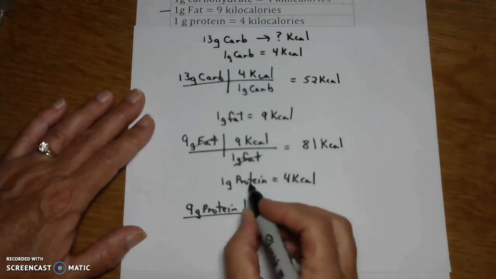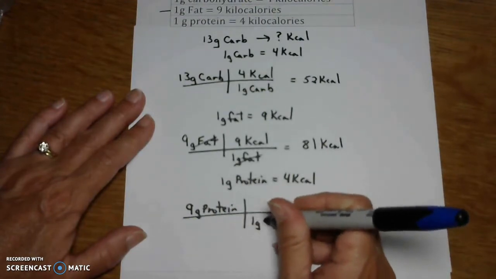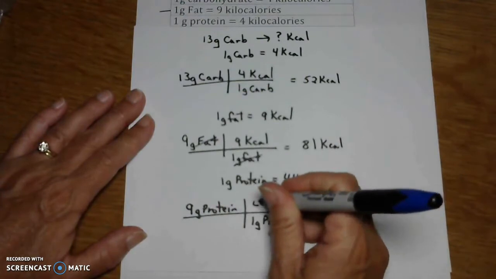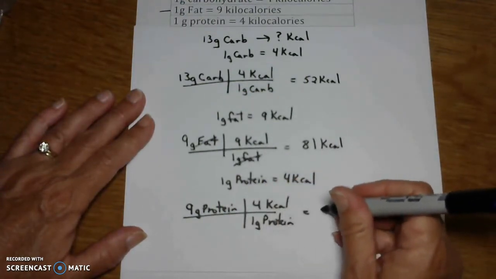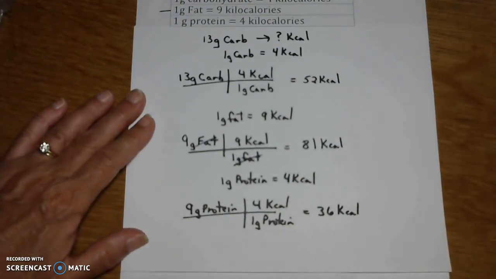We're going to use this equality to write a conversion statement. Put the grams in the bottom so that they will cancel, and the 4 kilocalories up top. And this gives us 36 kilocalories.